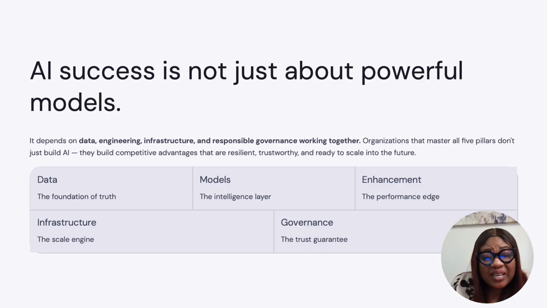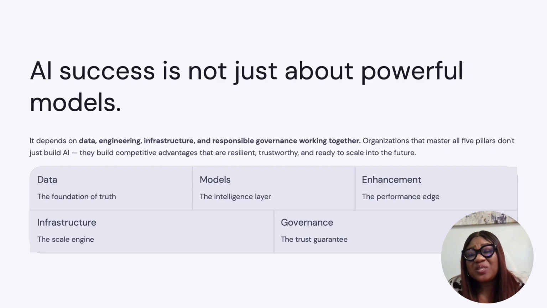We mean the data that forms the foundation of its truths, the models, the intelligence layer, the enhancement, the people behind the model doing the review of the output, the performance, the labeling, the annotation, the RAG, the fine tuning, and the infrastructure, the power that scales the model itself, and also the governance that gives the trust guarantee.